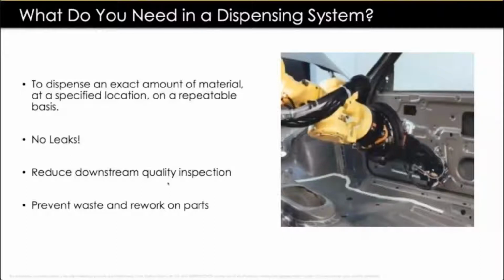We tune these machines and robots in to do the application. We don't want any falter from that. We obviously do not want any leaks in our leak testing. We don't want downstream quality inspection with buildup, where we have to slow our production lines down. And we want to prevent waste and rework on parts.